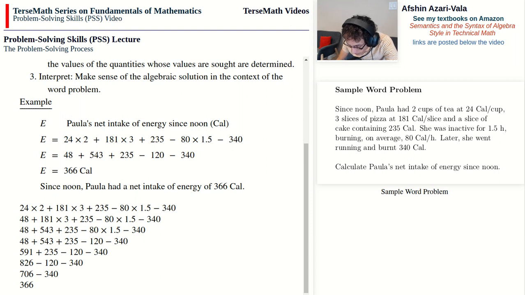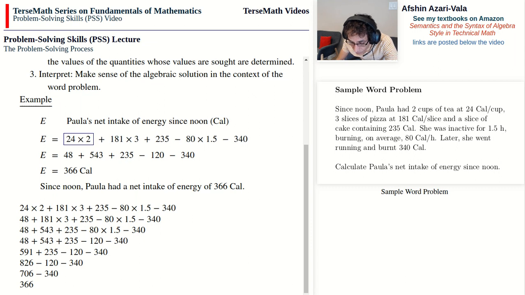On the right side of the equation, we have 24 times 2, so there's term number 1. And then we have 181 times 3, here is term number 2. Then we have 235. You notice that I'm using additions and subtractions outside brackets to break the expression down into terms. Next we have 80 times 1.5, so we put a box around it, and then we have 340, and we put a box around that.